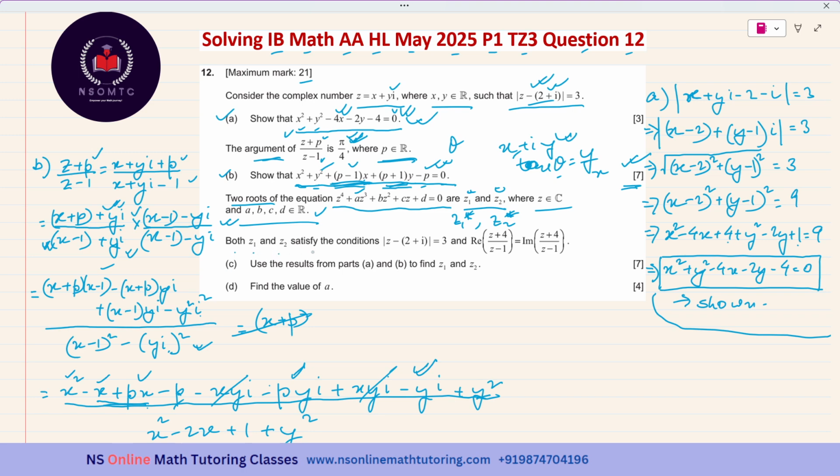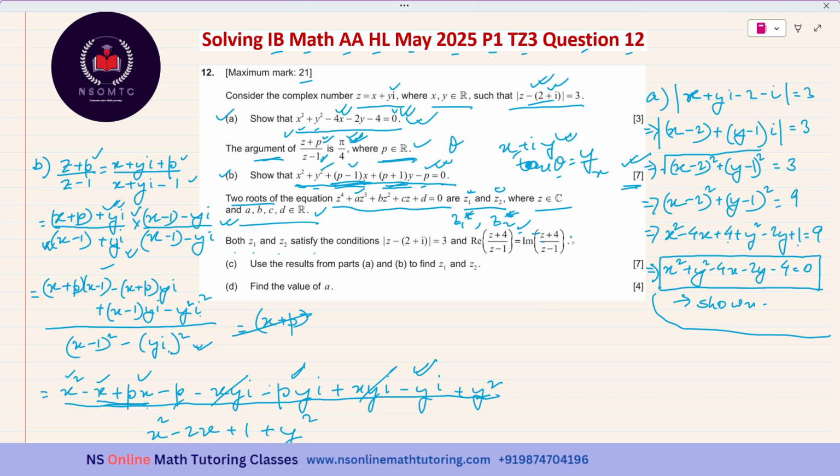Both z1 and z2 satisfy the conditions, the modulus of z minus 2 plus i equal to 3 and real of z plus 4 over z minus 1. Over here it was z plus p over z minus 1, so in fact the value of p is 4. P is a real number, so p's value is in this case 4. The real part of this is equal to the imaginary part.